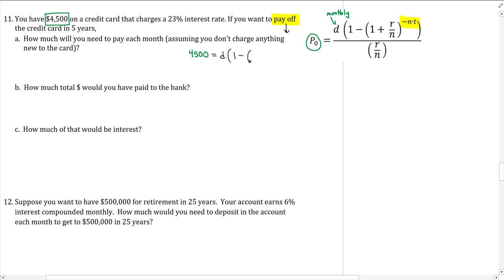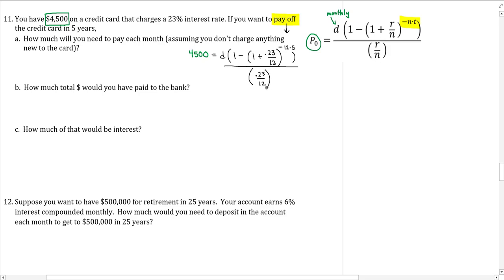And then 1 minus the quantity 1 plus 0.23 over 12 to the power of negative. N is 12 and time is 5 years. All divided by 0.23 over 12.